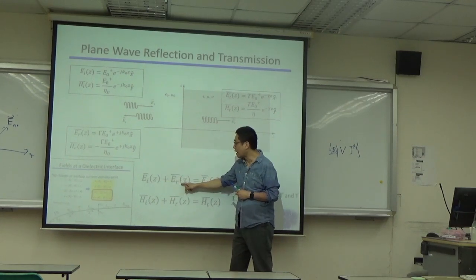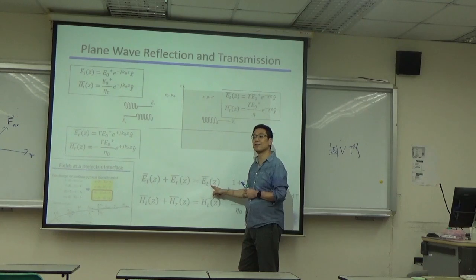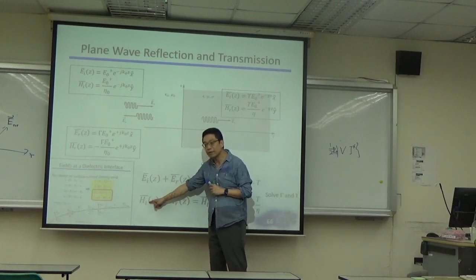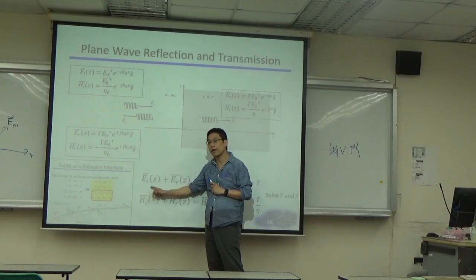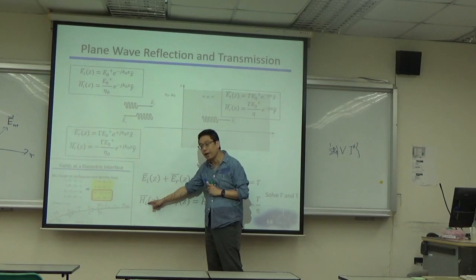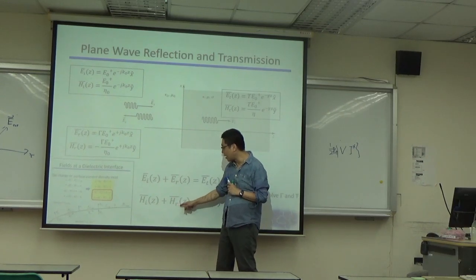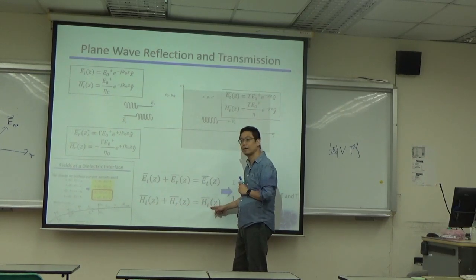EIX plus ERX equals ETX. Only one direction, right? Not the total. Okay? And H also has the same equation as E, right? So HIX plus HRX equals HTX.